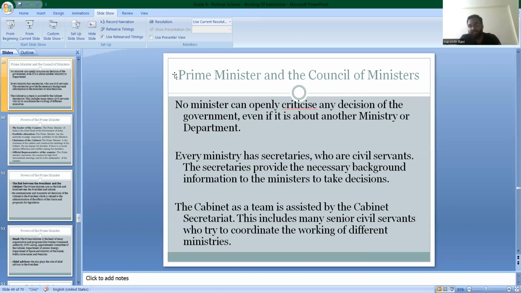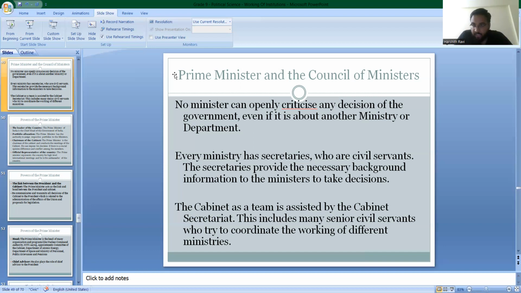And of course, bureaucrats, IAS officers primarily work as policymakers as well. They give policy suggestions, advice to the ministers, background information, research, drafting memos, so on and so forth. So a lot of work is done behind the scenes by IAS officers as well. So that is essentially the cabinet secretariat, which assists the cabinet.